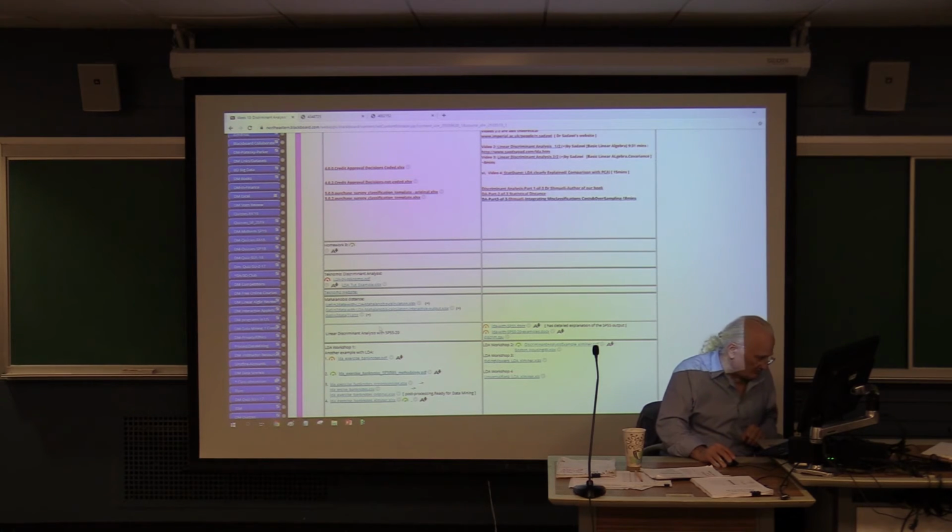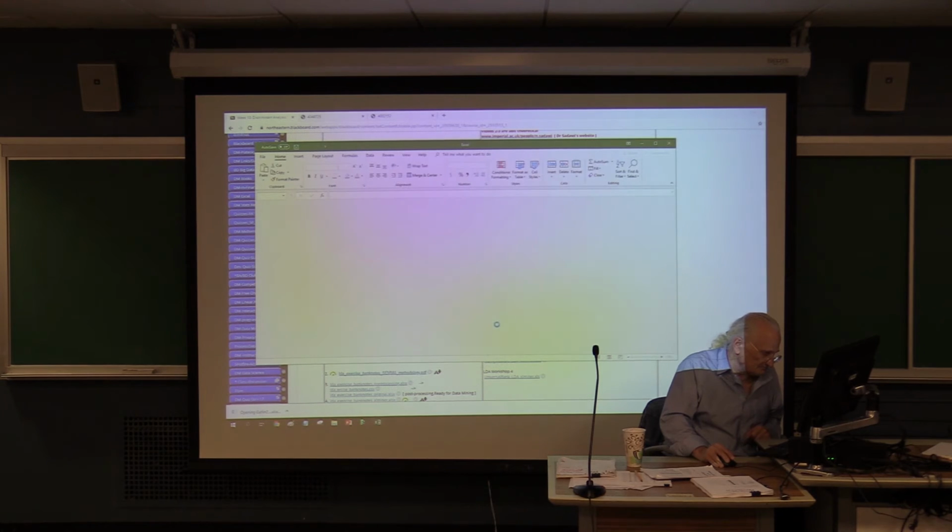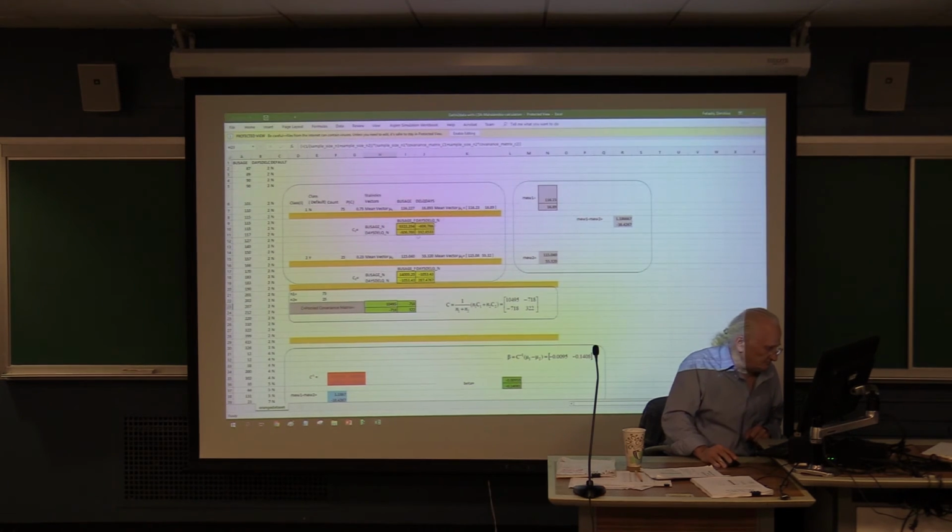I'm going to show you a little bit of linear algebra. So I have this data file here, which has this Gatling 2 data file, and I will quickly go through it.